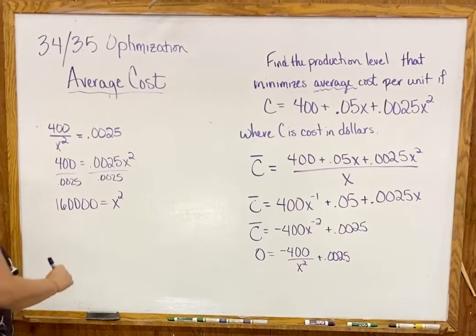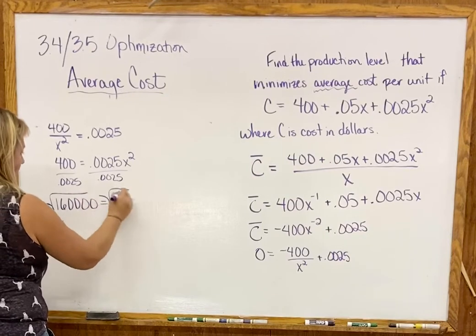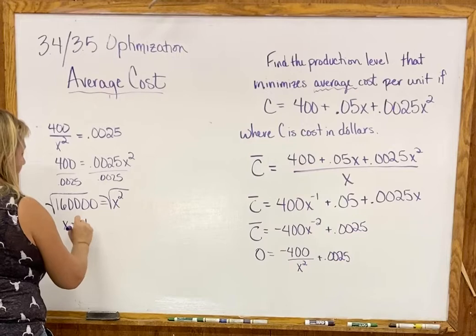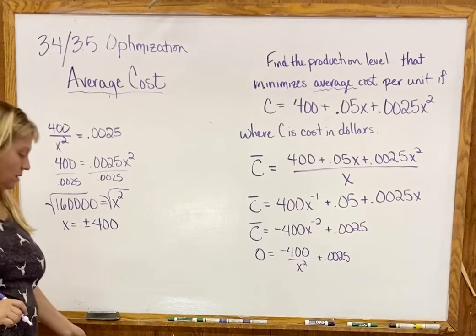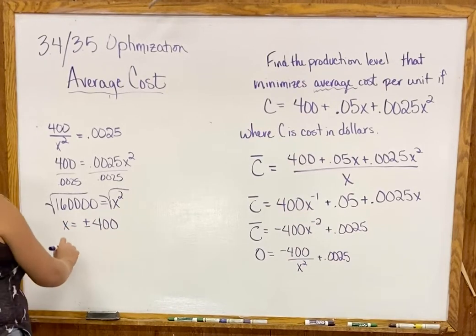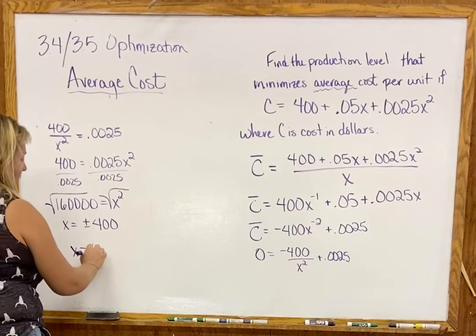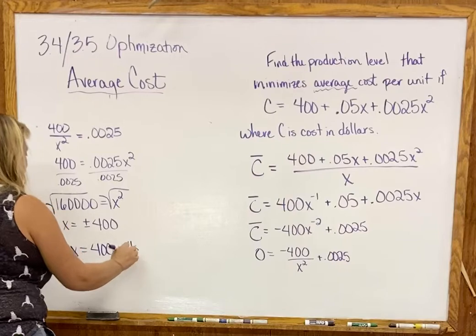But then what do we need to do? We need to take the square root. So the square root here is going to be x equals plus or minus 400. Okay. But again, we're in a business application, so do we want negative 400 units? We don't, so we're gonna say x equals 400 units.